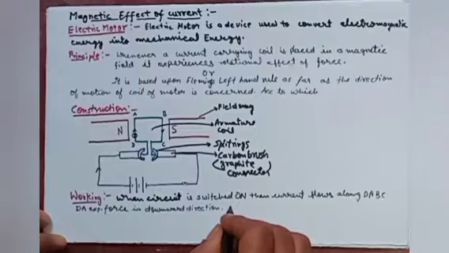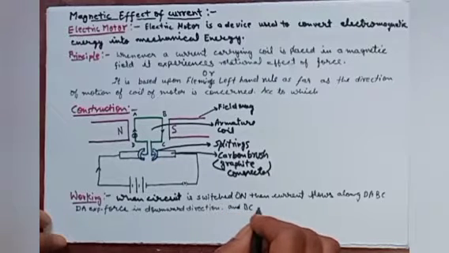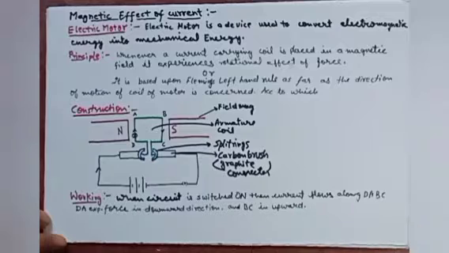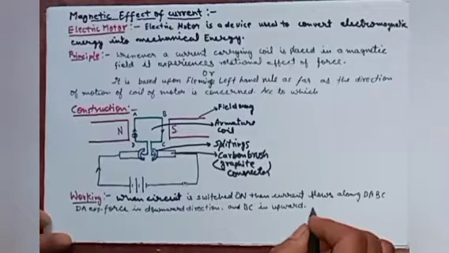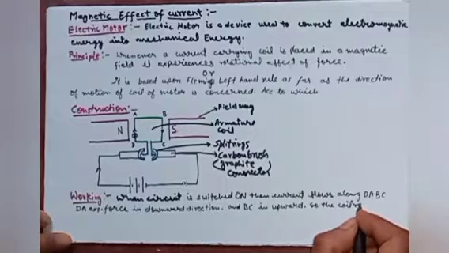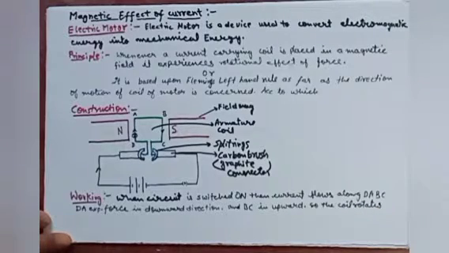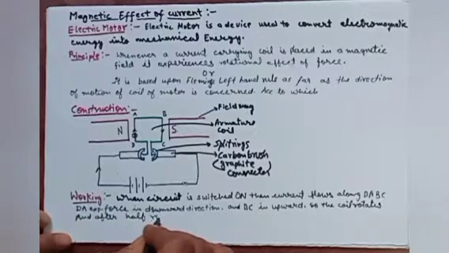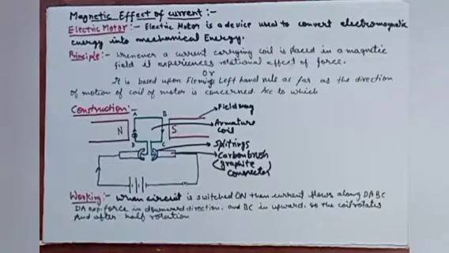And BC in upward direction. So the coil rotates, and after half rotation, now what happens?